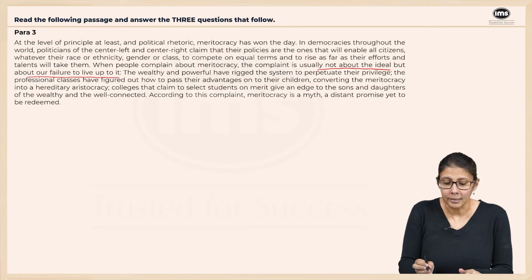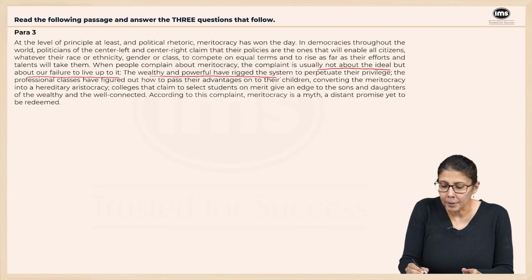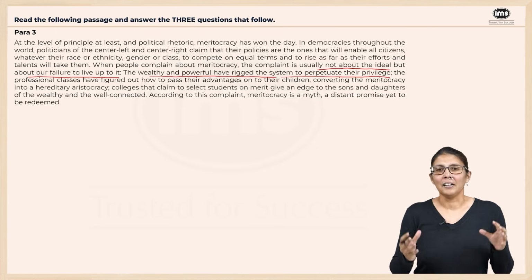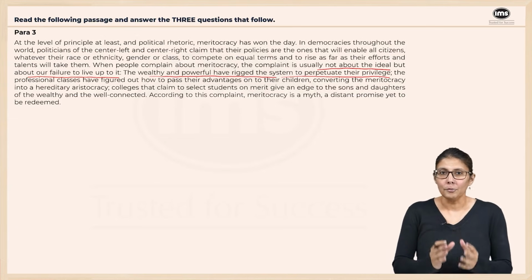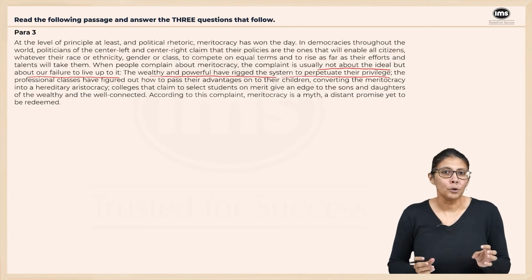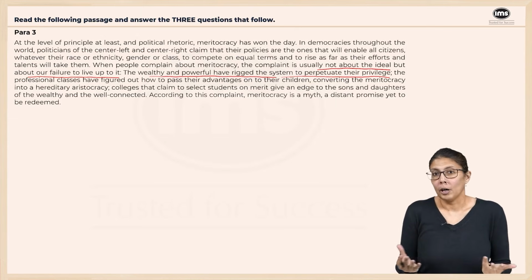The reason for that is that the wealthy and the powerful have rigged the system to perpetuate their privileges. So every time that we try to establish a meritocracy, the rich, influential and powerful are able to nudge the system so that it starts favoring them. So ultimately, it does not remain a meritocracy.